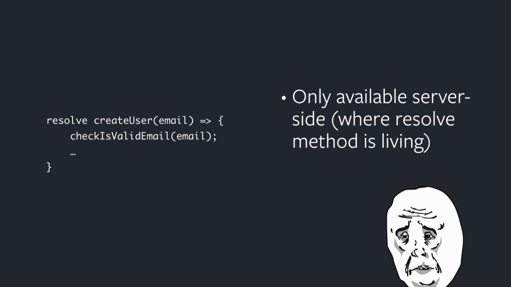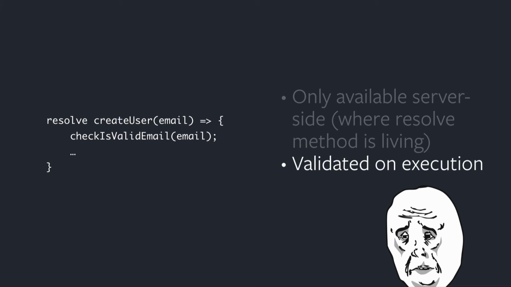The validation will only be available server-side, as it lives where the resolver lives. So it's not good, because we cannot easily replicate it in our client. And also, it will be validated, but not stopping the execution of the GraphQL query, which is bad. Actually, if we are running mutations, we want to stop if we are not doing a valid query, right?